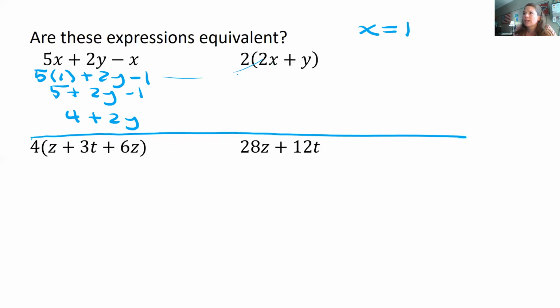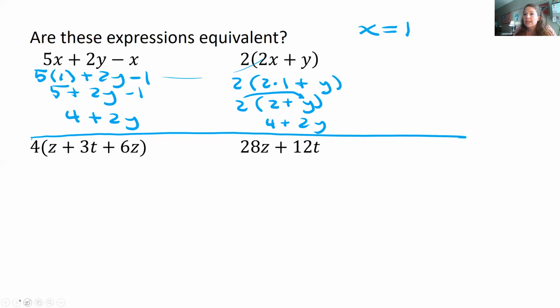We're going to make x equal 1. So we're going to say 2 times 1 plus y. So 2 times 1 is 2 plus y. Well, now the only thing we can do is use the distributive property, because these are unlike terms. So 2 times 2 is 4. And 2 times y is 2y. Well, look, we proved they're equivalent.